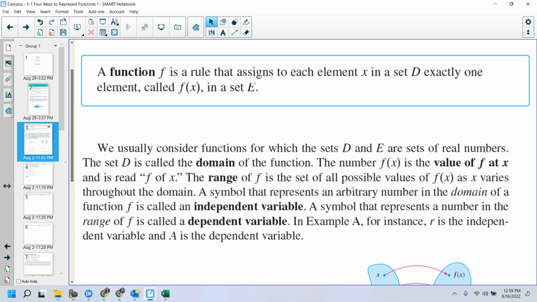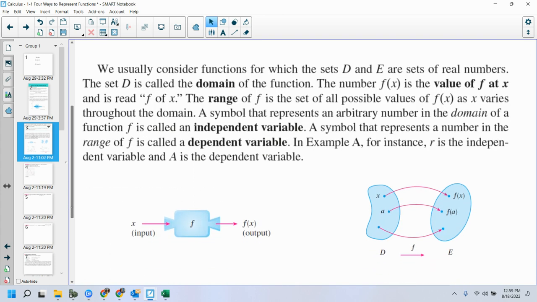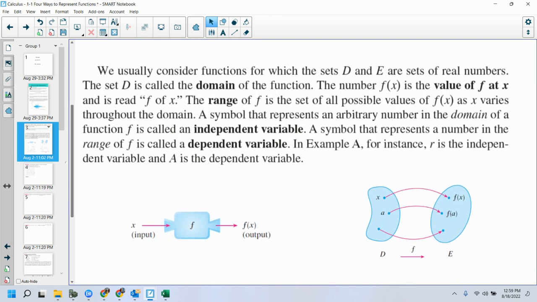This mapping diagram here is a very common one for functions, where I can take each element in my set D. No matter what point I pick in that space D, it's only going to map to one point in that space E, right? Whatever I choose as my input, that's the notation that I use. So if I pick X, this is f of X over here. If I pick A, that's f of A over there. What if one element in my domain maps to two elements of my range?